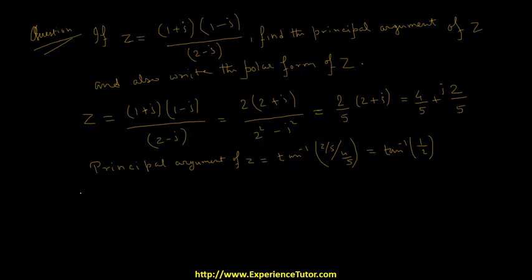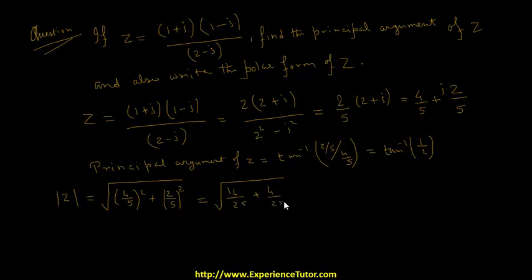Modulus of z is equal to under root 4 upon 5 whole square plus 2 upon 5 whole square, x square plus y square, which will be equal to 16 upon 25 plus 4 upon 25.